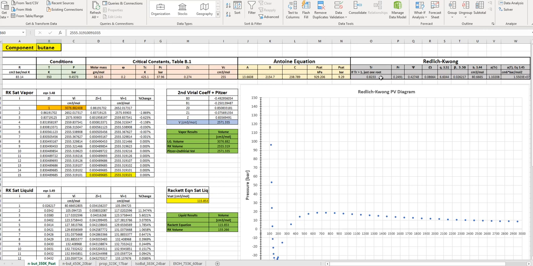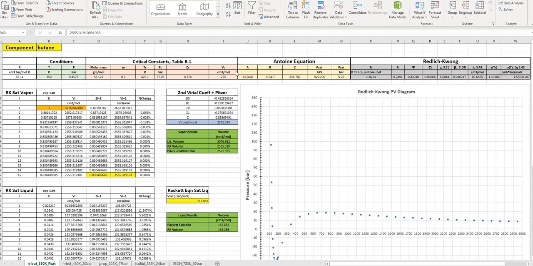Remember, with the generalized correlation, all we have to do is calculate PR and TR. But with the Redlich-Kwong equation, we're given these extra terms here. And so you can look them up in your book and get these values. These are given to you. The formulas for the constants are given to you in your textbook. Again, just make sure that you're very careful with the units.